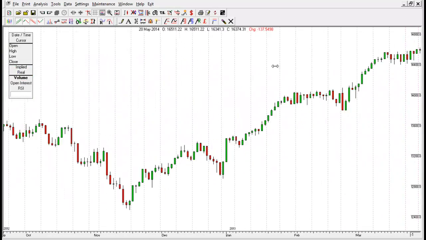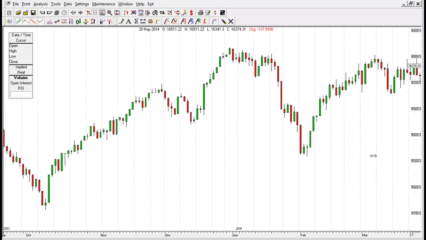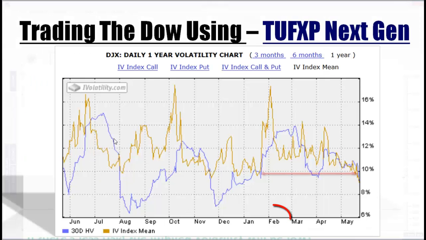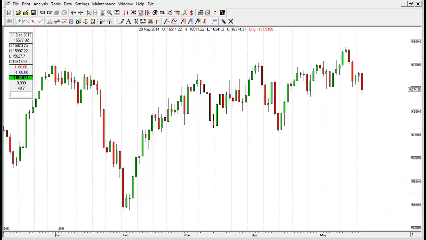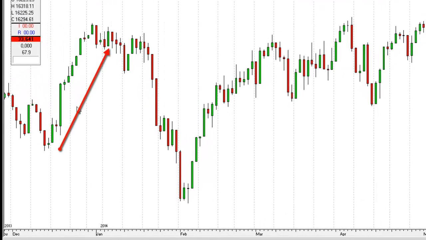So let's just bring this back to the current time, which is anywhere around about now. So this is 2014. Let me just go back to the implied volatility, and you can see that in February the options were very cheap. The market was moving to the upside. You can see there you've got 2013, 2014.